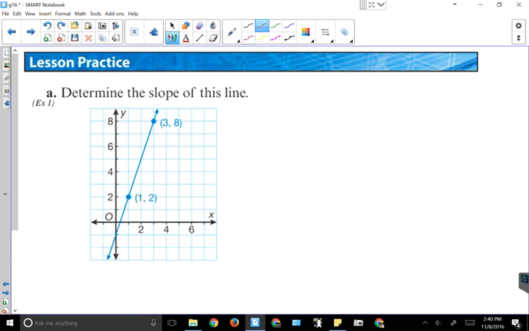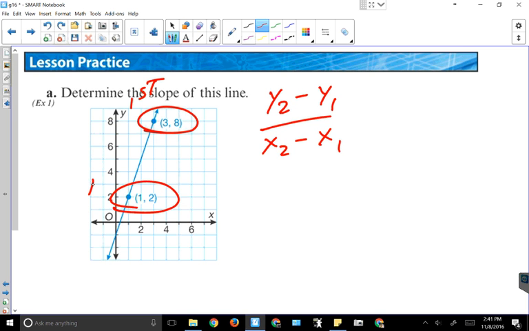Okay, so you would suggest that we use the y2 minus y1 over x2 minus x1, right? So which one would you want to be the first coordinate? Okay, so this is going to be our first one, and this is going to be the second one, correct? So that means that I would end up getting 2 minus 8, do you agree? Over 1 minus 3. Does that make sense?